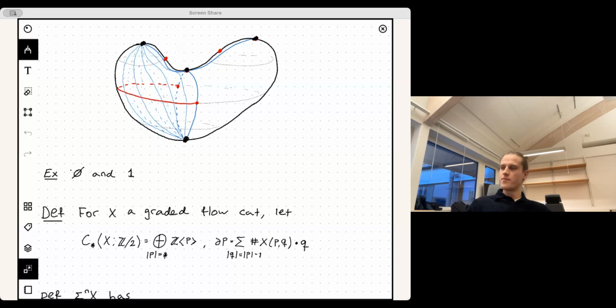But somehow it feels like a flow category has more information than just this chain complex, and that's exactly the point. Because we know in standard Morse theory that the Morse function knows more than just the homology of the manifold, right? Okay, right here I did mod 2 coefficients, but for an oriented manifold you can do a lot better by upgrading this to Z coefficients. But still, the Morse function determines a CW structure on your manifold, and it should somehow know more about the manifold than just its homology.